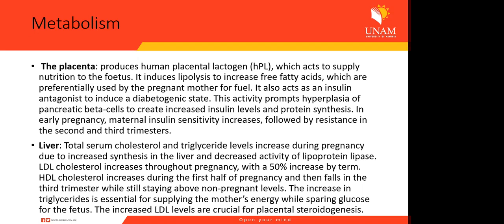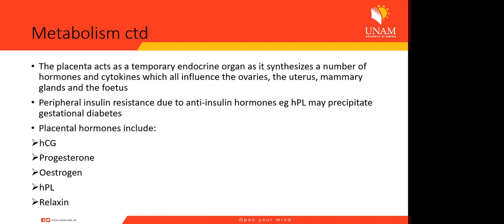The increased LDL levels are crucial also for placental steroidogenesis, the production of hormones by the placenta. All right, so the placenta acts as a temporary endocrine organ as it synthesizes a number of hormones that influence the ovaries, the uterus, the mammary glands, and even the fetus. Some of the hormones synthesized by the placenta are hCG, progesterone, estrogen, HPL, and relaxin. And hCG is one of the tests used to detect pregnancy.